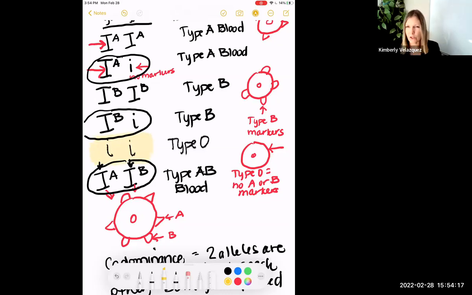Usually recessive traits are less common in the population, but in this case, type O with no A or B markers must have offered a survival advantage. So maybe there was some type of parasite that attacked red blood cells and it only attacked those that had A or B markers. Hard to say.